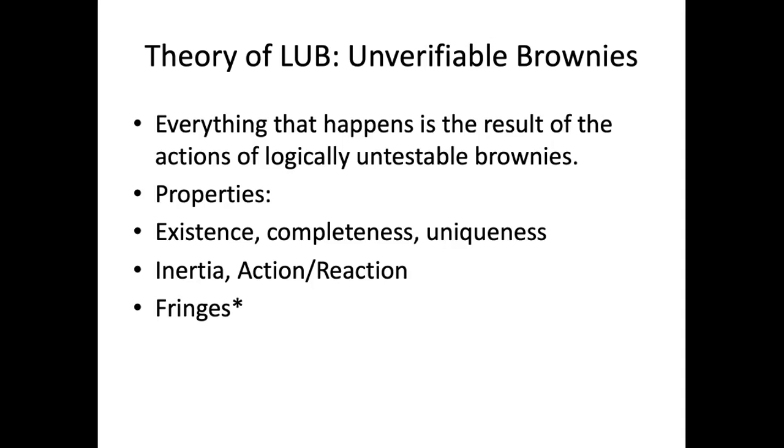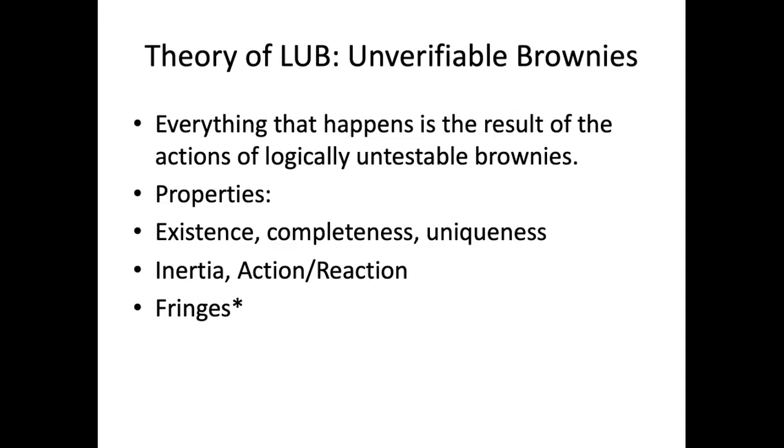They're competitive, which is also known as action-reaction, which is for any action undertaken by one brownie, there's an equal and opposite reaction undertaken by another brownie. And there's a principle of dominance, which is that whatever one brownie tries to do and another brownie tries to prevent, the dominant one always wins.